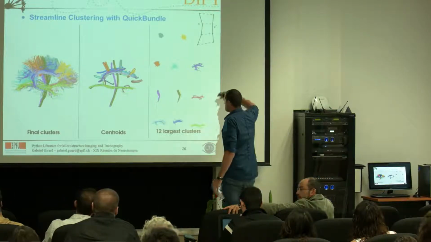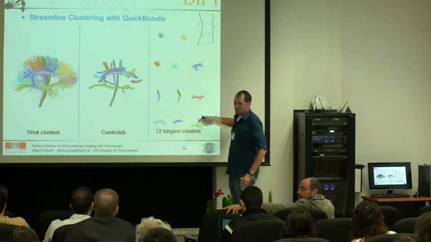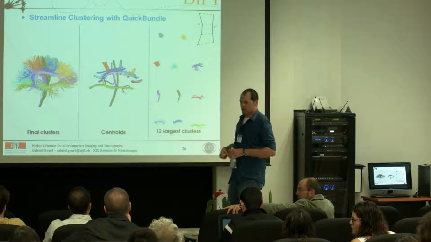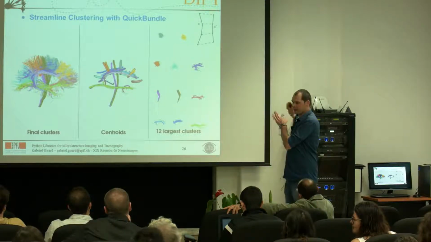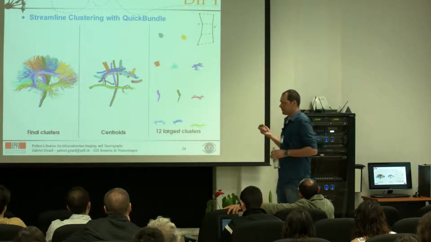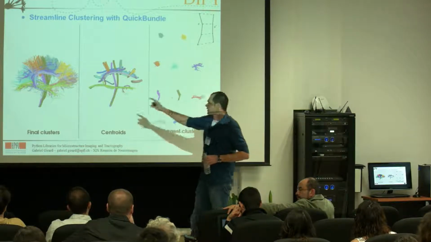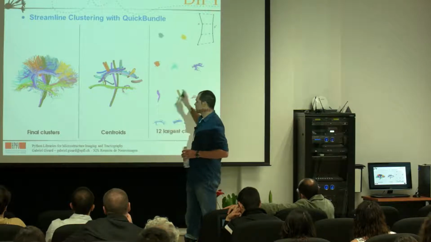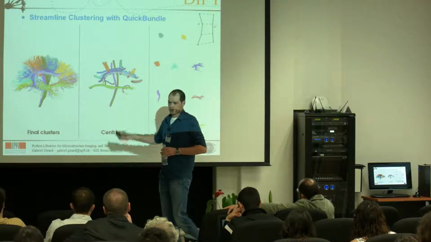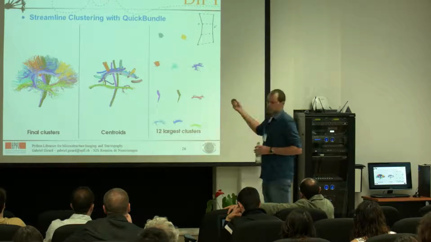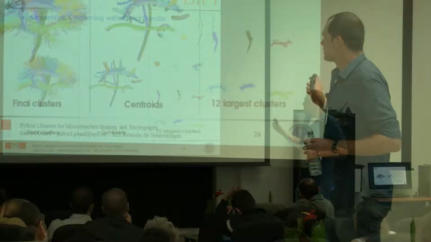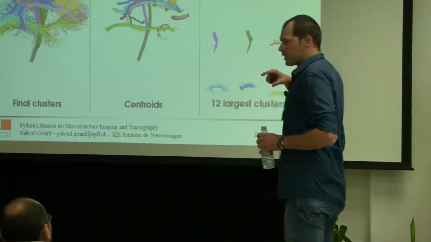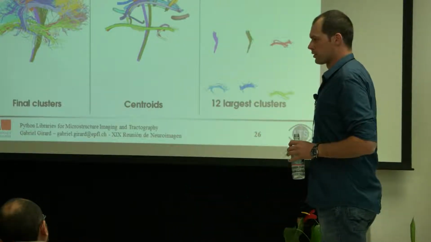So you have your, say, high resolution filtered cluster that you manually identify on one of your subjects or from a database, or something that you think is an interesting bundle that has anatomical labels, and then you find a streamline that best matches those. So you put the labels from your dictionary on top of the streamline that you have. And this is built on top of Quick Bundle. And I think it is available in DIPy. I never used it, but if you look, there's an example, I think, for Recobundles.